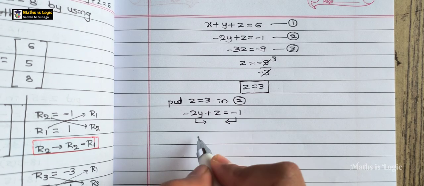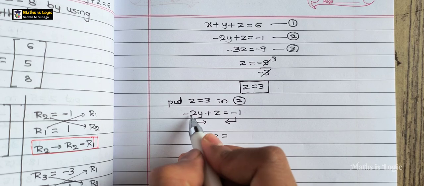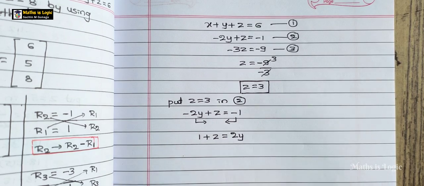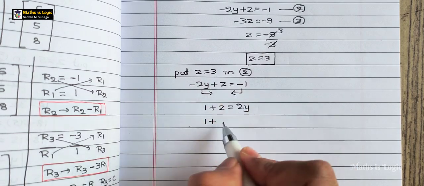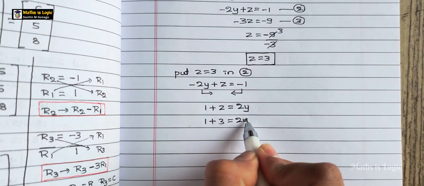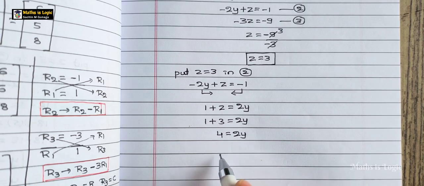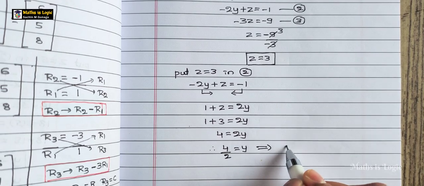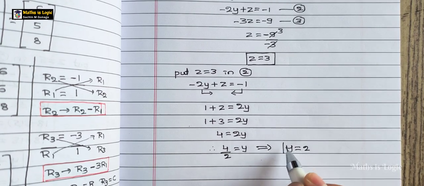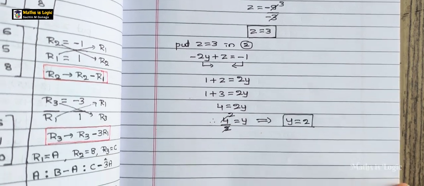Therefore minus 1 becomes plus 1, plus z is equals to 2y. Substitute z value, 1 plus 3 is equals to 2y. Therefore 4 is equals to 2y. Therefore 4 divided by 2 is equals to y. That implies y value becomes 2.